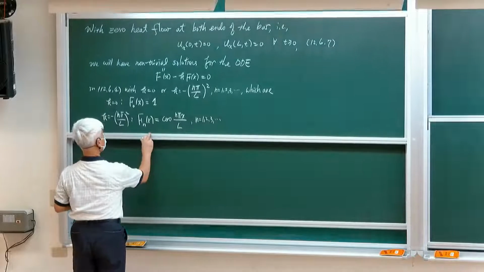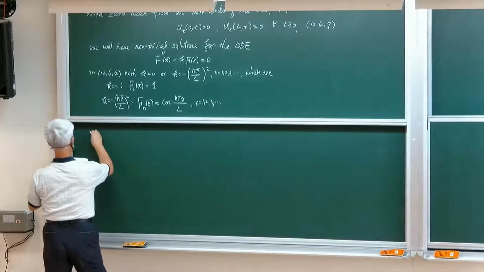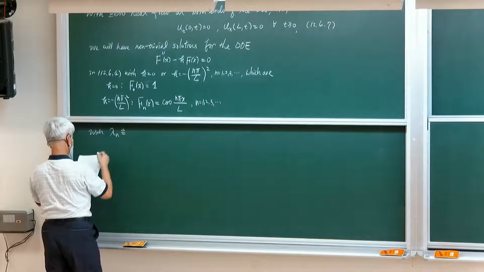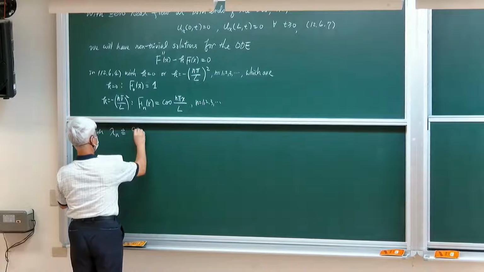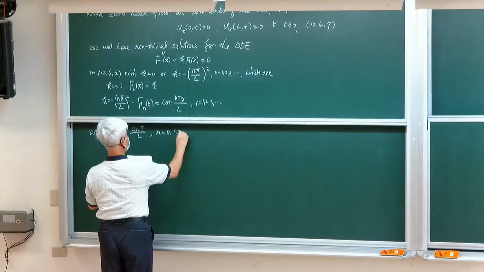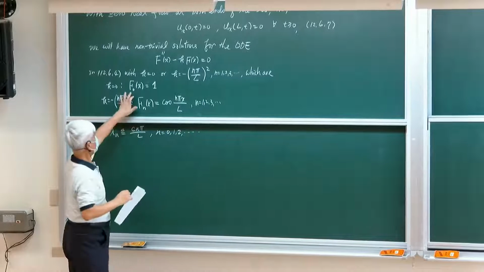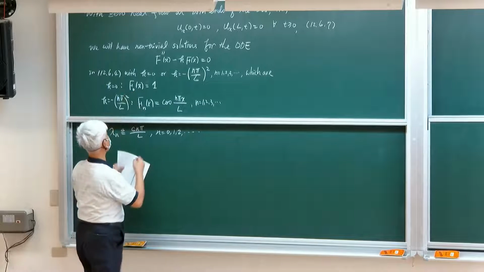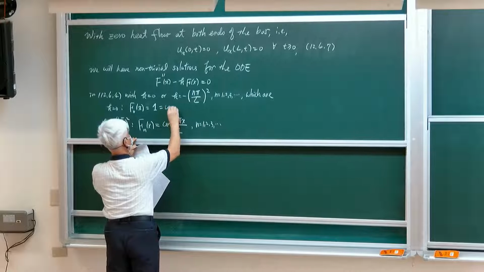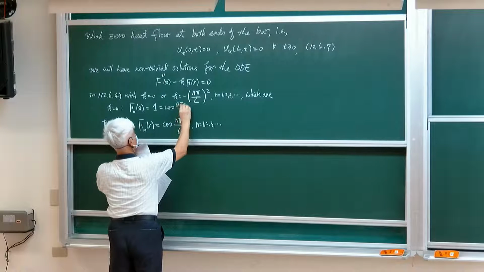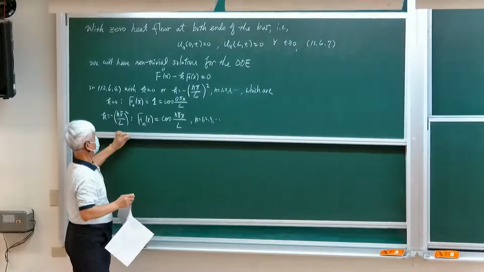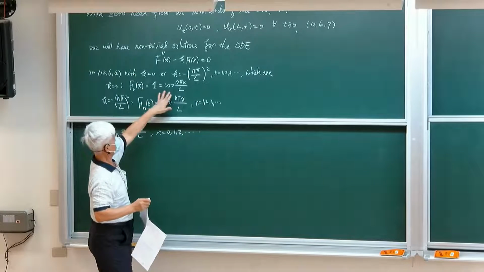With lambda n defined to be c n pi divided by L for n from 0, 1, 2, etc. Now this case can be written as cosine of 0 pi x over L, corresponding to n equal to 0.